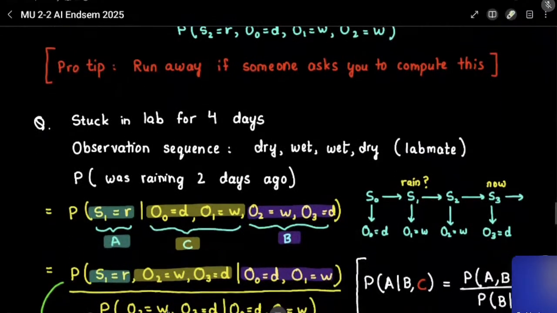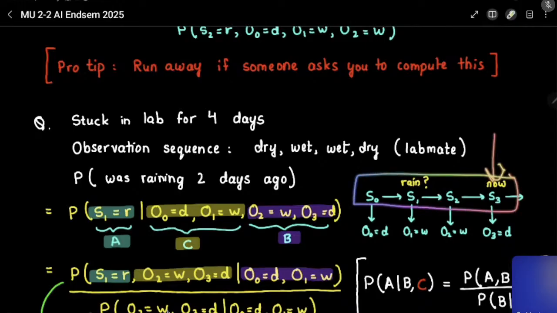So the next question is, you have observations, so you've been stuck in the lab for 4 days. So day 0, day 1, day 2, day 3, 4 days. So you are here, day 3. So they're asking you to find the probability that it was raining 2 days ago. So you have observations from day 0 to day 3. Now they're asking you to find the probability that it was raining at day 1.